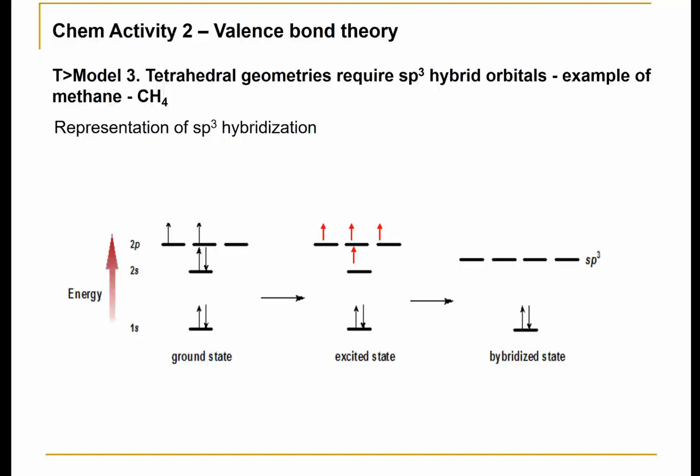And so we'll take one s and three of the 2p's and form four brand new sp3 hybrid orbitals. These hybrid orbitals would be of intermediate energy between the 2s and the 2p, but they would all be of the same energy. In other words, they'd be degenerate. And so I'll put four electrons, one each, into each of the sp3 hybrid orbitals. This is what we would consider to be a hybridized state.